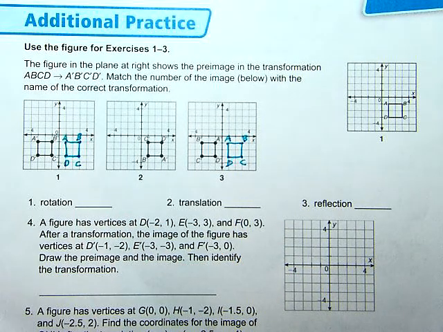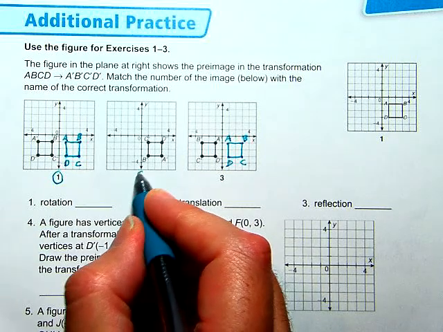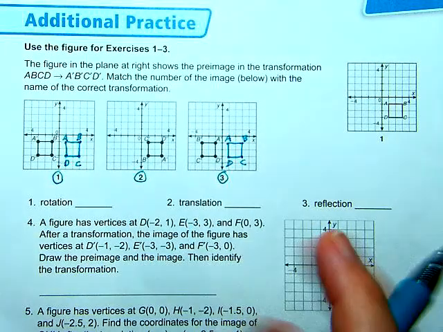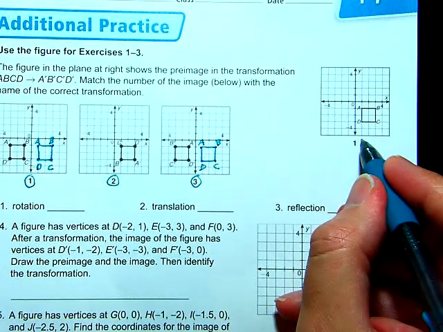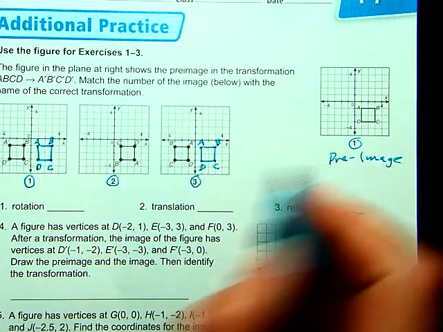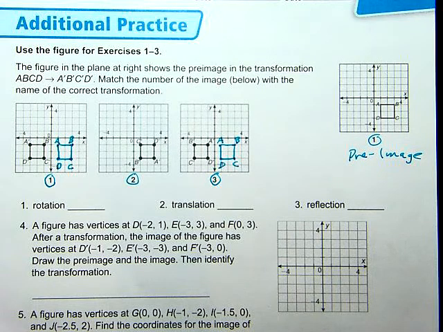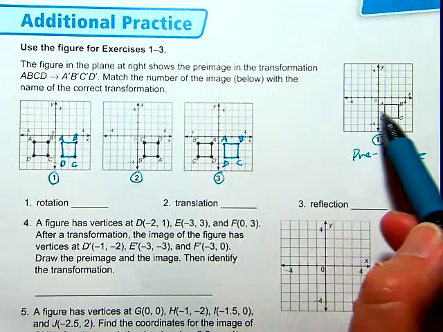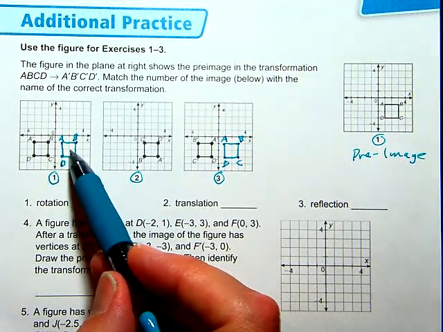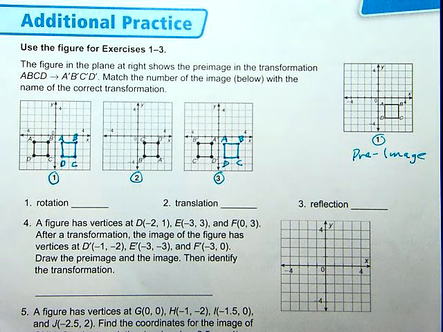Okay, so we've got images numbers 1, 2, and 3, and we've got the pre-image over here, which is number 1. So let's call this our pre-image, and these are our images. So what I've done where I could was I copied the pre-image in blue onto the images so we could actually compare them side by side.